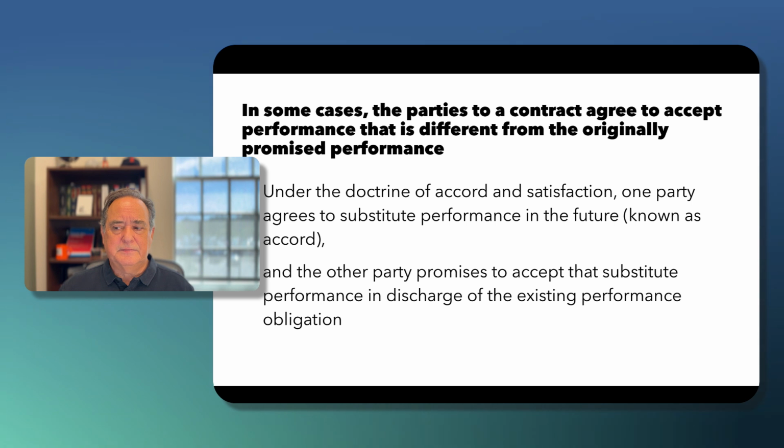Now, this is a very convoluted way of saying that the parties can sometimes settle an agreement for a sum of money less than that which would have been paid.